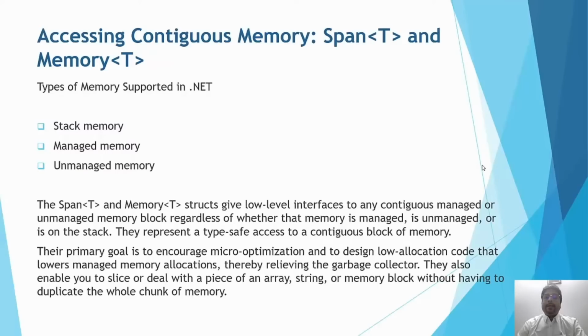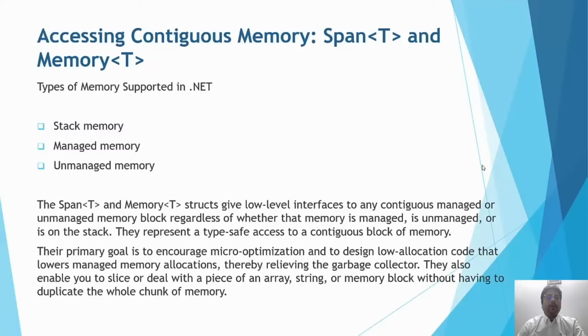They represent type-safe access to a contiguous block of memory. The primary goal is to encourage micro-optimization and to design low allocation code that lowers managed memory allocations, thereby relieving the garbage collector of any pressure. They also enable you to slice or deal with a piece of an array, string, or memory block without having to duplicate the whole chunk of memory.